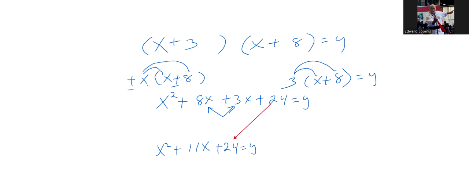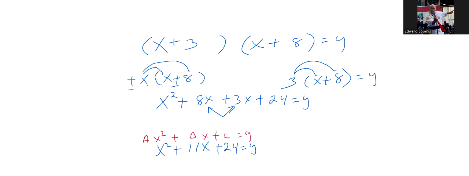So what I have here is x squared plus 11x plus 24 is equal to y. And this ends up being a quadratic equation in standard form. All that means is it ends up being ax squared plus bx plus c is equal to y.